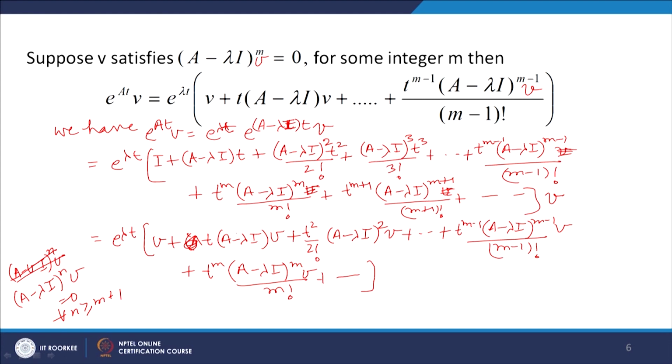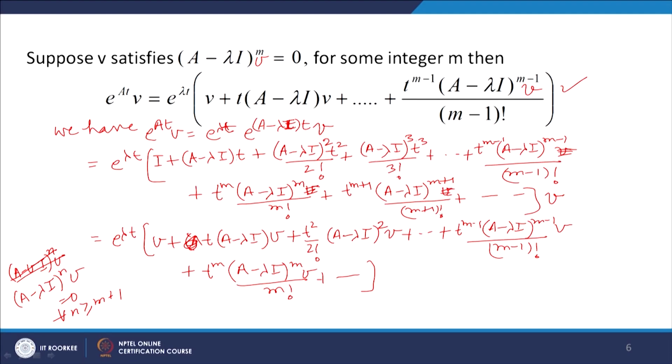So, this series will then reduce to this series. Okay. All terms starting with the power of t as m and more will vanish, and we will have e to the power A t into b equal to e to the power lambda t times b plus t times (A minus lambda I) b, and so on, up to t to the power m minus 1 (A minus lambda I)^(m minus 1) b over (m minus 1) factorial.